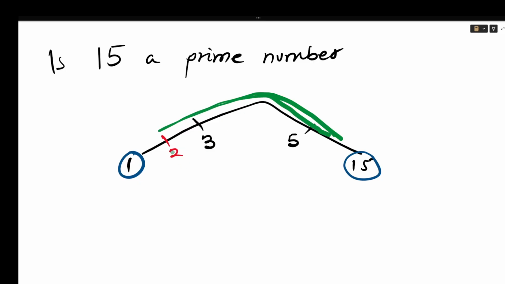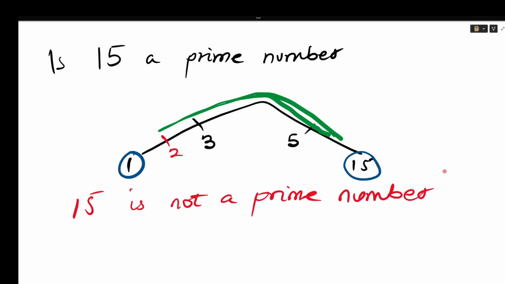So once you find any number, you can pause and you conclude that the number given is not a prime number.